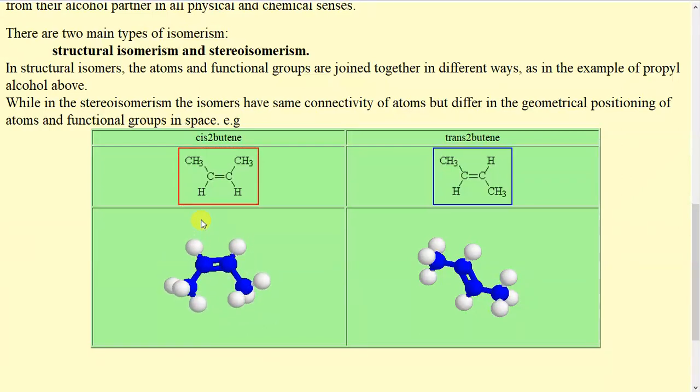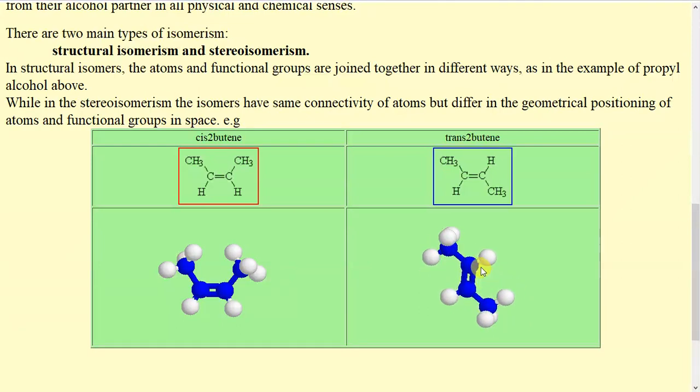If you rotate it downward, it also brings both of the methyl groups adjacent to each other. Even if you rotate it to the right or to the left side, both of the methyl groups are at the same angles to each other, and in this case they are in trans position to each other.